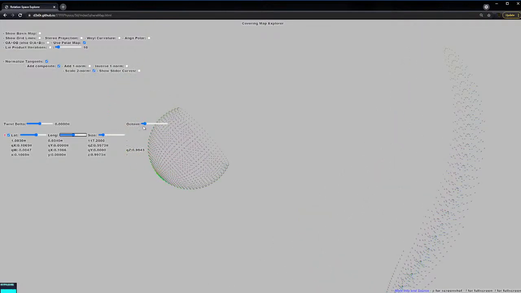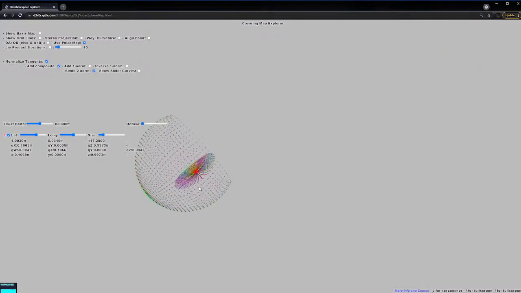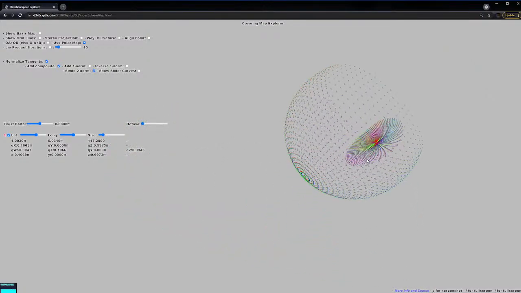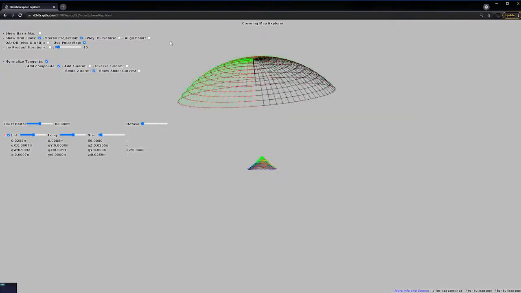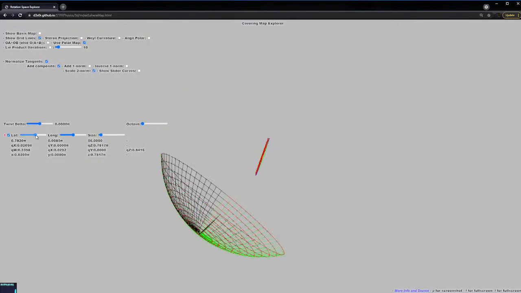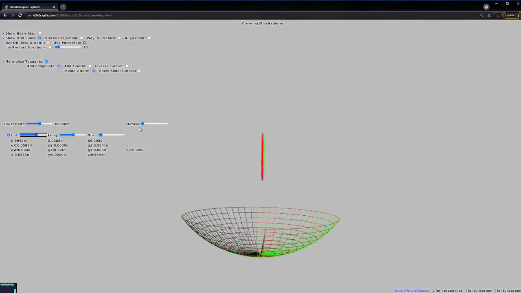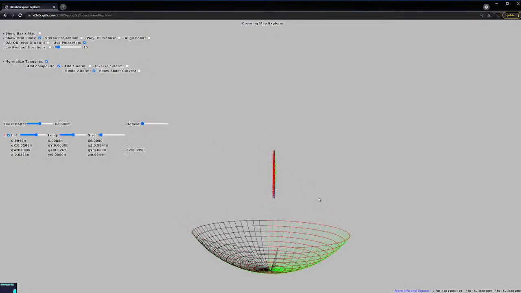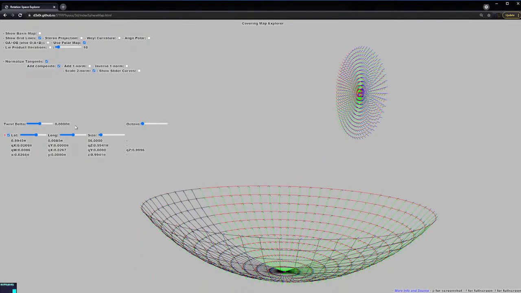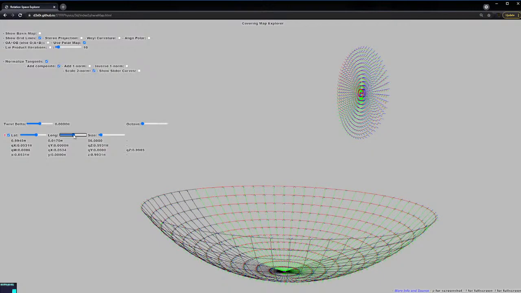But then the orientation of that plane rotates as you rotate the longitude.